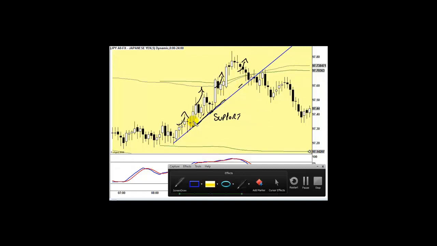And remember, when you're drawing trend lines, when you're going up, as we are here, always draw the trend line underneath the trend. And when we're going down, for example, if we had a trend like this, you always draw the trend line on top of the price action. And often people get confused with this concept, and they would draw the trend line on top of an upward trend instead of underneath the upward trend.